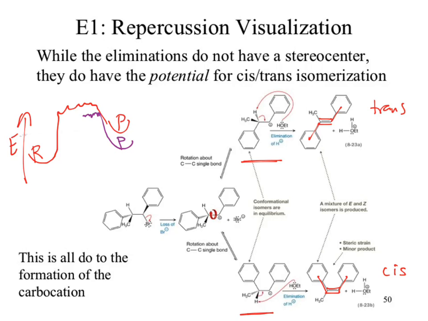The transition state is closer in energy to whichever one is closer to it. Since it's an endothermic reaction, the transition state is dependent on the energy of our products. If our products are different in energy, the transition state is going to drop for the lower energy one. That one happens first. Okay? So when we run the E1 elimination, we tend to see just the trans.